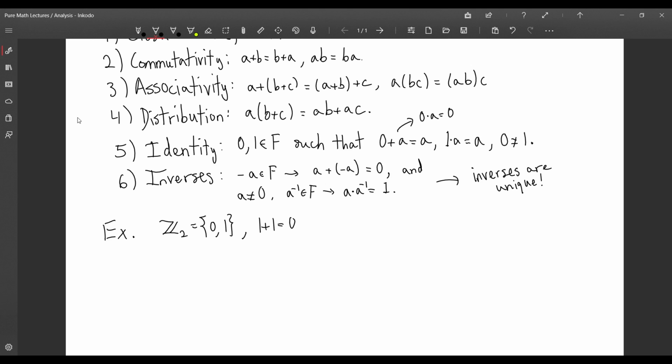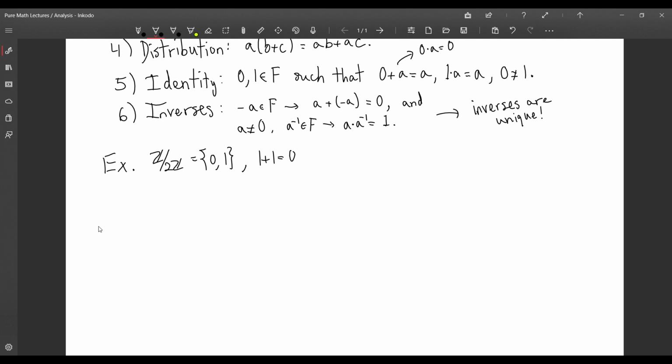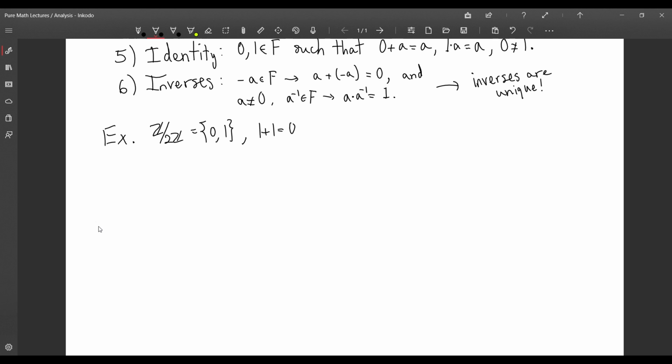Then this is a field, and it's denoted as, actually I'd rather denote it like this, Z mod 2Z, right? So this is the field which you essentially get by considering classes of even or odd integers. You can treat that as field elements.